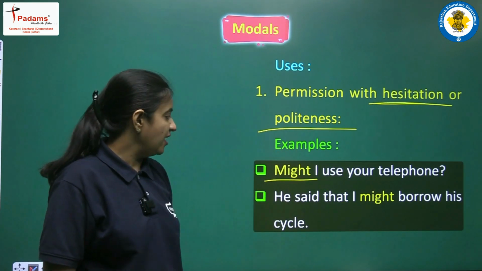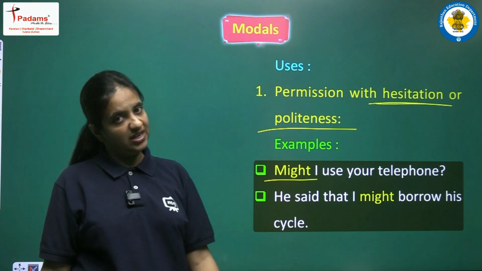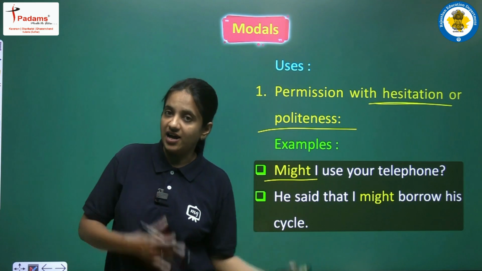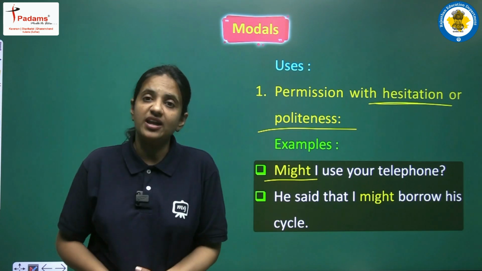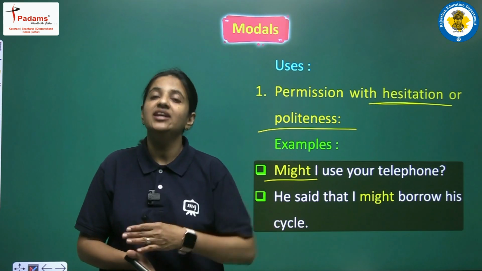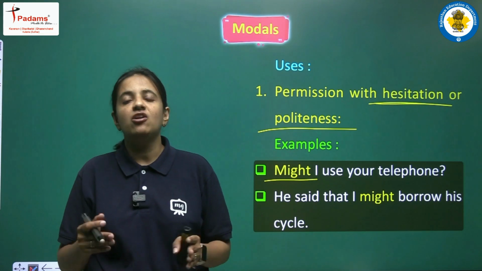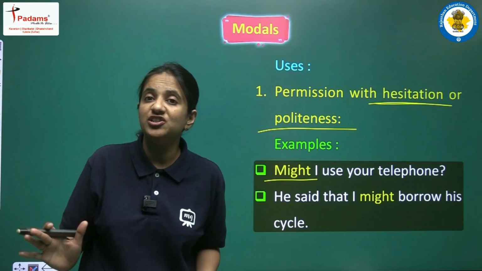Okay. Next we are having, he said that I might borrow his cycle. So yes, with the help of might we can ask and we can give permission as well, but we have to learn this thing, that when we are using might, it means that we are showing a lot of hesitation, a lot of politeness in that permission.